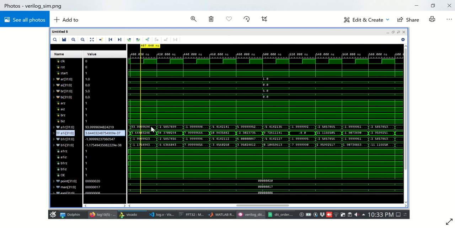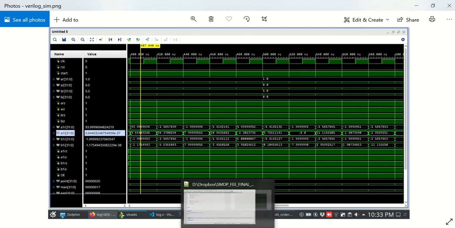Similarly, this is the first, and in the next cycle we get the next A1R, A1I, which will be the second output, and so on. So finally we have 32 outputs. The 32nd output will be shown at B1R, B1I in the 16th clock cycle. So initially A1R, A1I shows 16 outputs, and B1R, B1I shows the next 16 outputs.